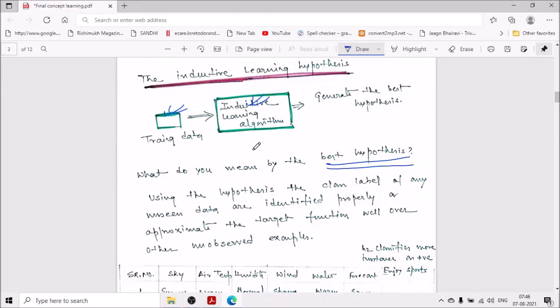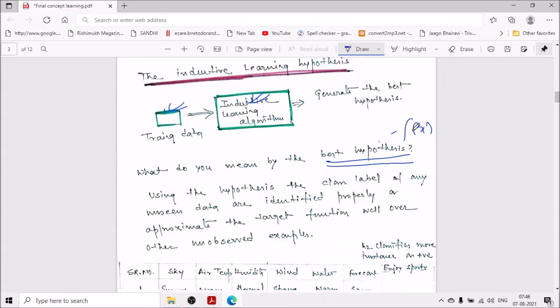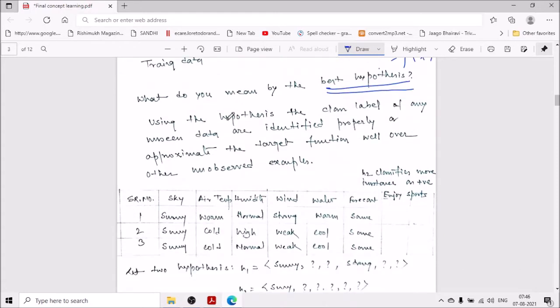Every time our objective is to identify the best hypothesis, f(x). Using the hypothesis, the class labels of any unseen data are identified properly, or it approximates the target function well over other unobserved examples.